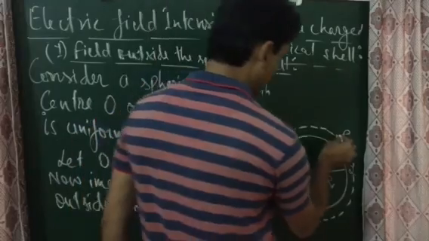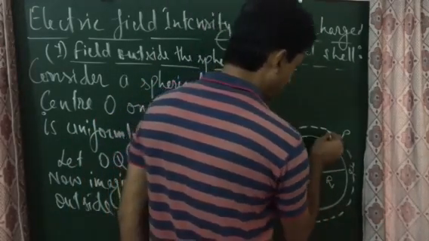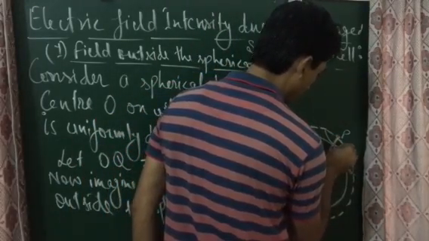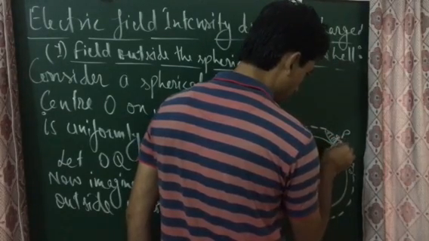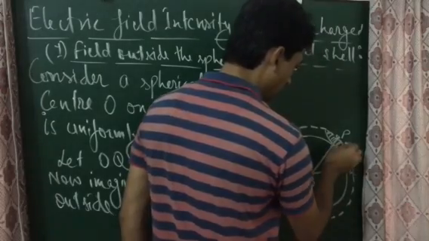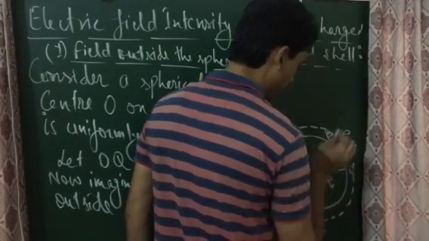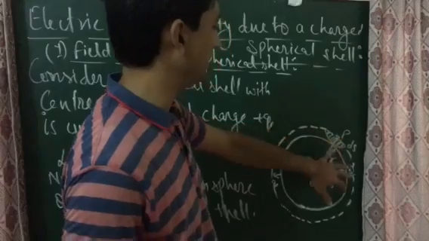So here at point P, we imagine a small area element on this Gaussian surface, Gaussian sphere, that is ds. यहाँ पे हमने एक small area element को consider किया है.